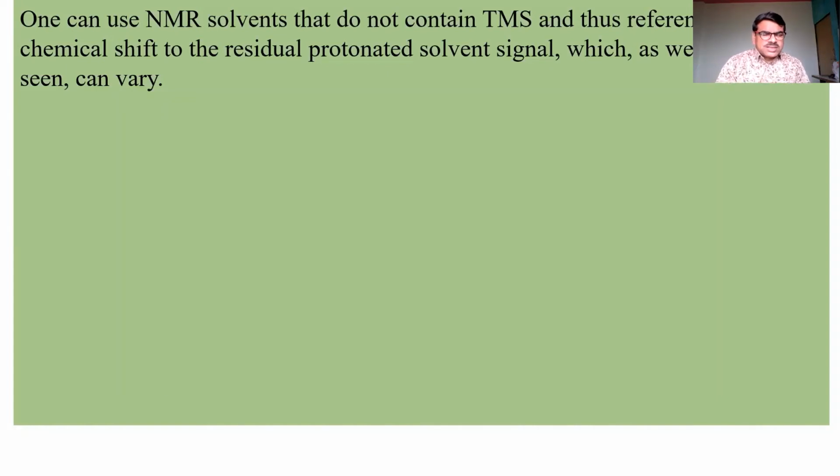What happens in the CDCl3 solvent? It contains a very small trace amount of CHCl3. So a proton is there along with the CDCl3, and definitely it can interact with the solute, and that kind of thing should be avoided, and that is avoided by taking extra pure CDCl3.